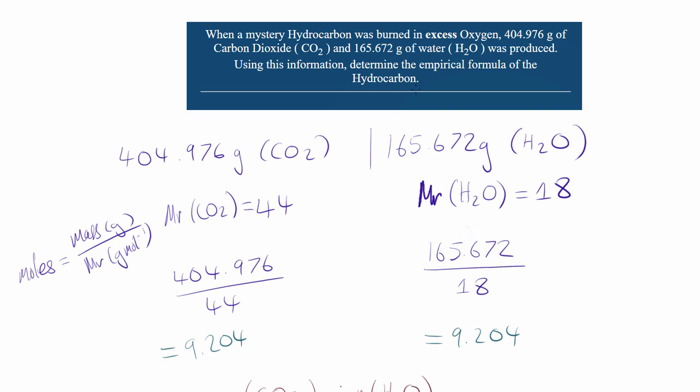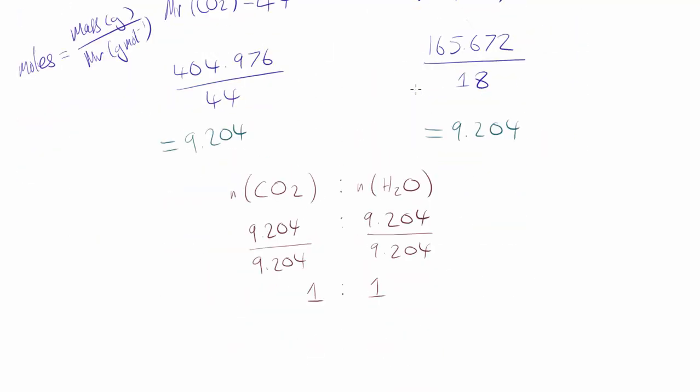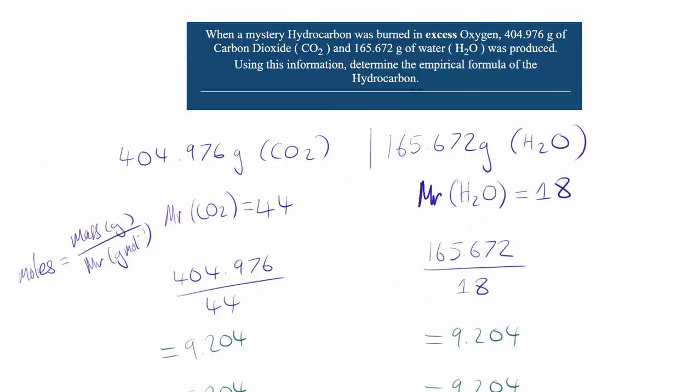If H₂O is formed and CO₂ is formed, given the only external input was oxygen, we know that the moles of hydrogen and the moles of carbon produced came from the hydrocarbon itself, right? And we know that because it was burned in excess oxygen.